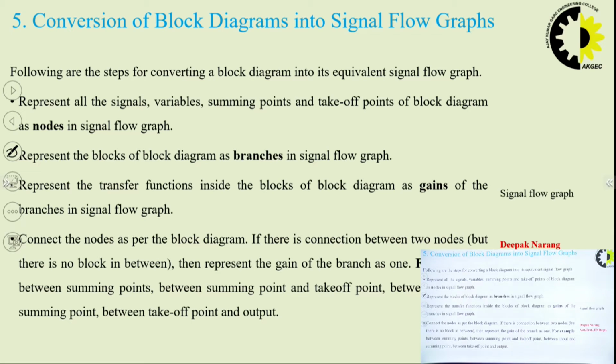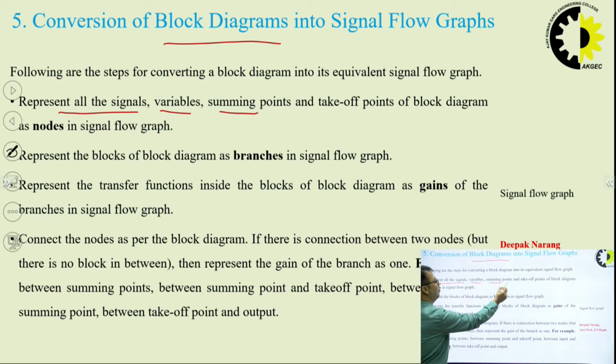Next technique is to convert SFG using the block diagrams. So, in this, represent all the signals, variables, summing points and takeoff points as nodes. Whatever summing point or takeoff point which is the foundation of any block diagram, convert those points into nodes.